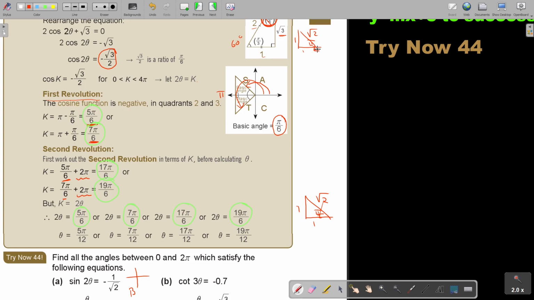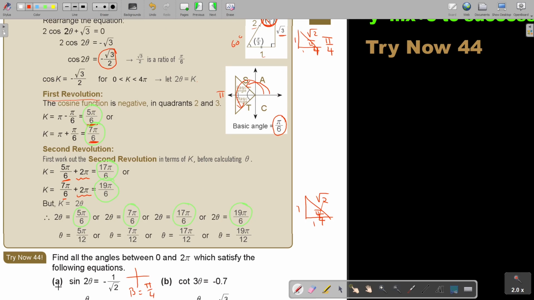It's going to be pi over 4. Sorry, this is going to be pi over 4. So this basic angle, because it's 45, it's not 90, it's 45. So pi over 4. Let me just correct that. Just remember, that was pi over 4. Maybe you picked it up. So this basic angle is pi over 4, and then you can do it without a calculator.